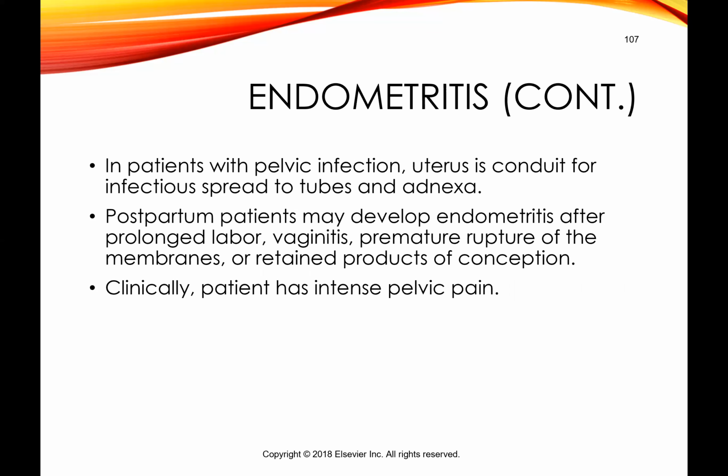So if it's not taken care of with antibiotics, it can develop into stage 2, stage 3, where the infection goes into the tubes, causing a potential hydrosalpinx, which is fluid within the fallopian tubes, pyosalpinx, which is pus within the fallopian tubes, and potentially even a tubo-ovarian abscess, which is stage 3, stage 4, where there's a horrible infection between the tube and the ovary.